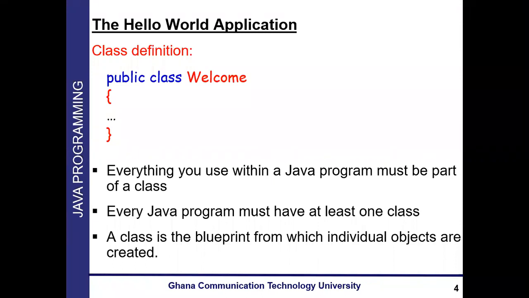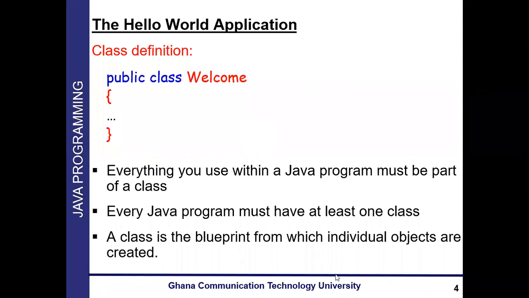So it's a name. Now within the class, you have the ability to define so many things. You can create objects. You can create methods or functions, and so on. But everything must be within the class.